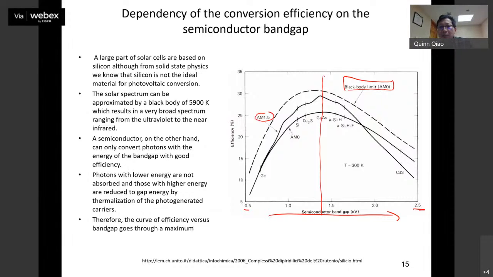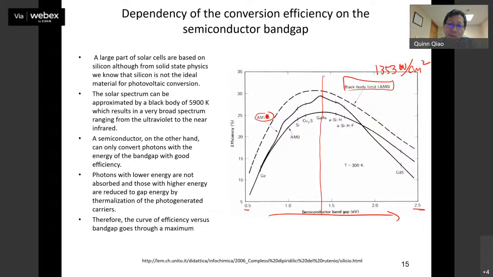And then AM0, the black body limit, is basically outside the atmosphere, in space. The light intensity is stronger because there's no air to scatter or absorb the sunlight. That sunlight is about 1353 watts per meter squared.